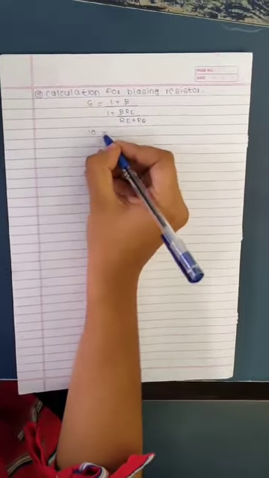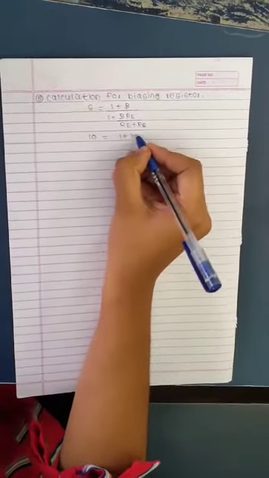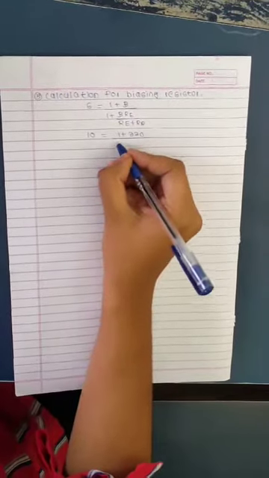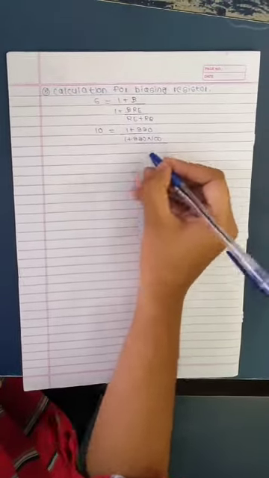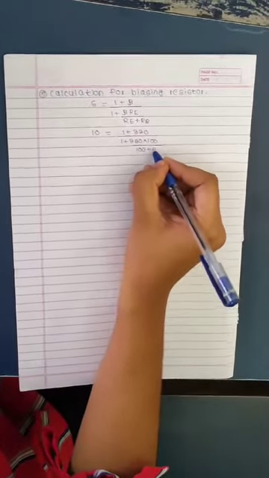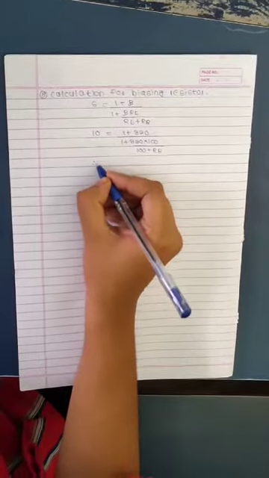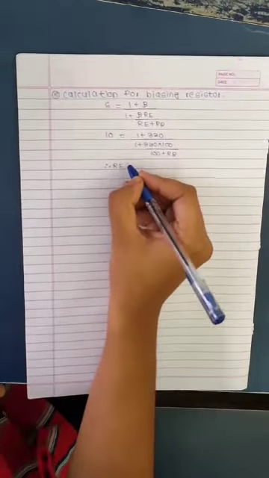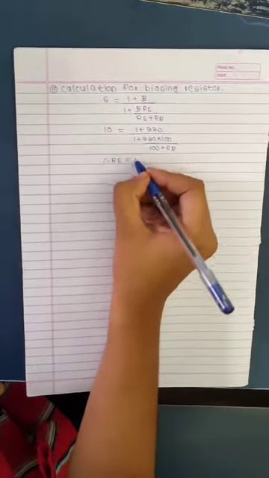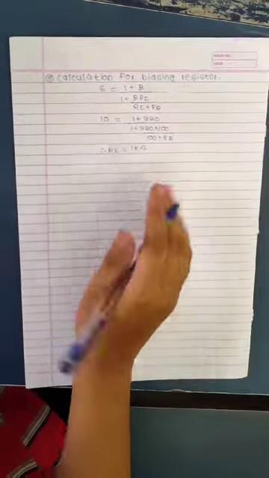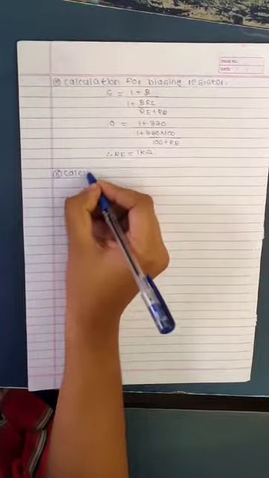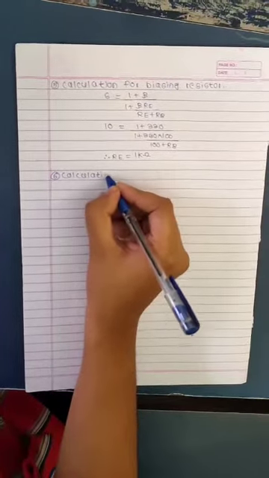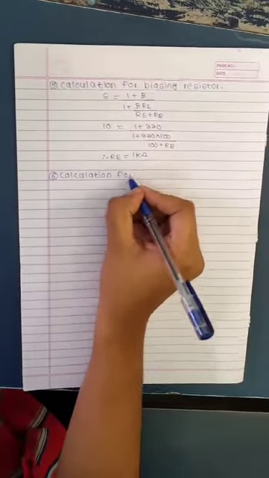Stability factor is 10, 1 plus 330 upon 1 plus 330 into 100 upon 100 plus RB. Therefore, RB is equal to 1 kilo ohm. Then calculation for R1 and R2.